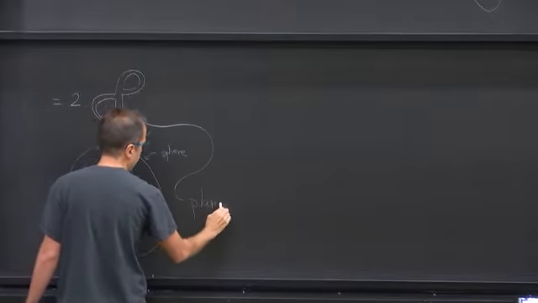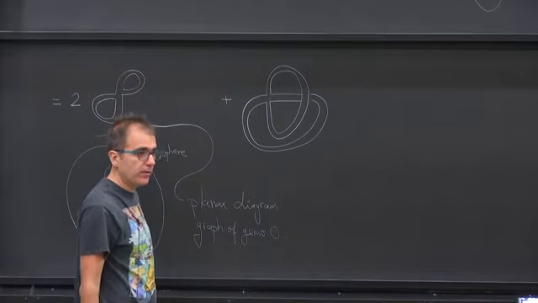This diagram, you see, I cannot draw on the plane without lifting the chalk. Right? I cannot draw on the blackboard without lifting the chalk. It cannot be put on the plane. This diagram cannot be drawn on a sphere or on the plane.